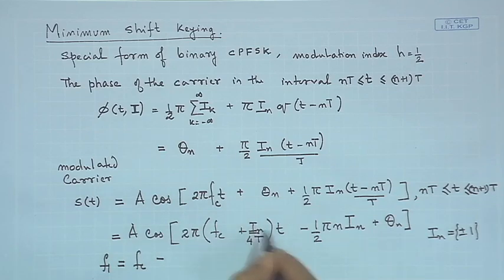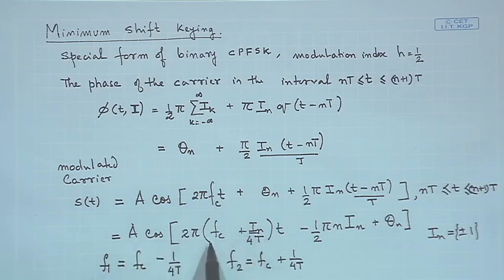So, this I n, since it can take plus and minus values, you could take it as 1 by 4 t, and you could also take f 2 another value with a plus sign, f c plus 1 upon 4 t. So, if you look at it, it appears as if it can take two different values of frequency, f 1 and f 2.